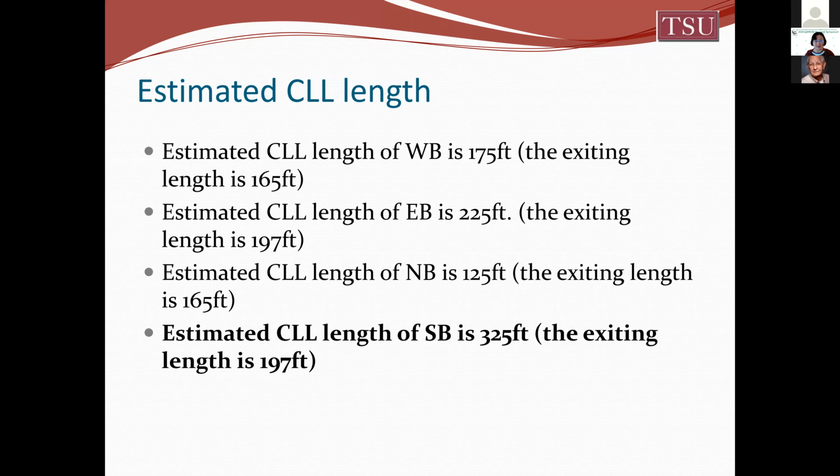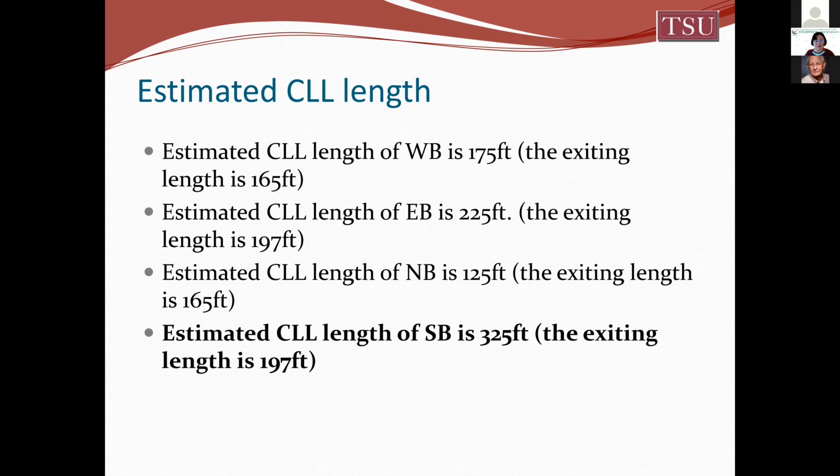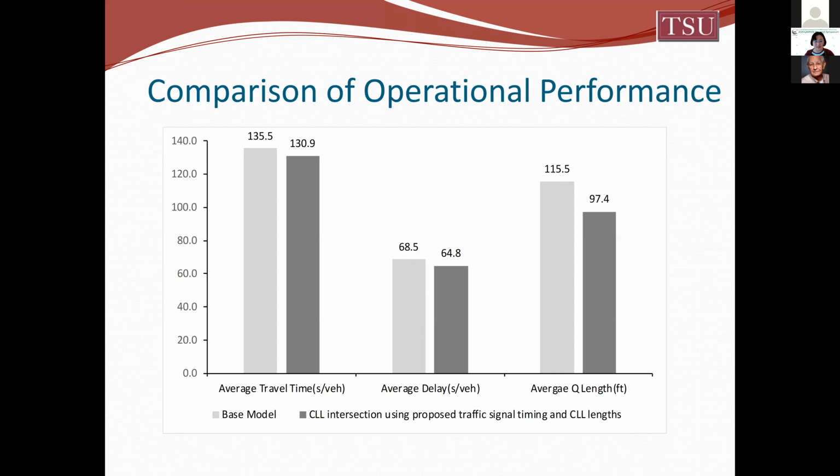So we did the simulation according to what we believe will be the best for this intersection and what is there right now. The simulation results show that if we redesign the intersection according to our method, the average travel time will reduce by about 5 seconds, the delay will be reduced by about 4 seconds, and the queue length will reduce by about 20 feet.